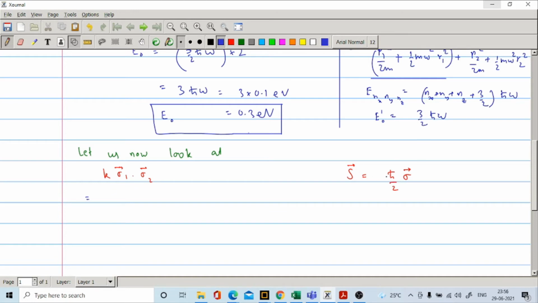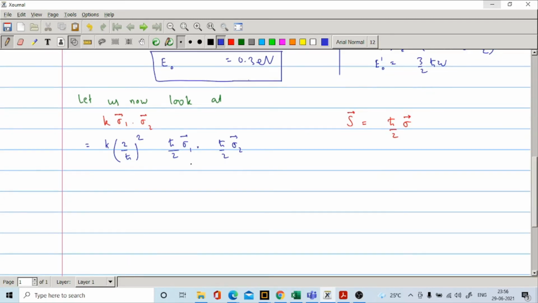What we'll do, I'll just divide by h bar by 2 and multiply it with h bar by 2, and I'll just multiply it with k squared by h bar squared, h bar by 2 sigma 1 dot h bar by 2 sigma 2. And now in place of this I will put S1 and S2. This is k squared by h bar whole squared S1 dot S2.